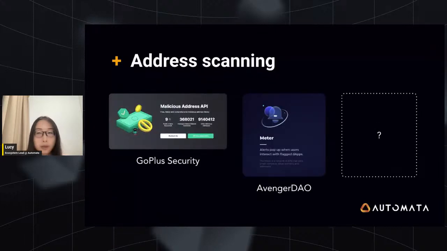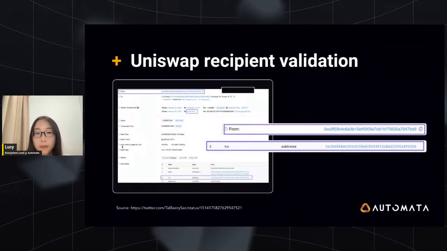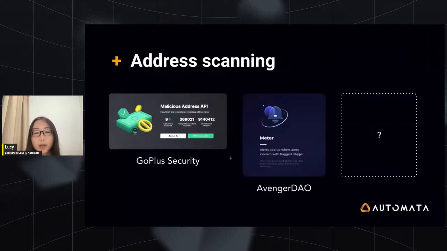The third rule is, actually, wait, sorry. Actually, we integrated a lot more rules. There's Avenger DAO, which Automata and Go Plus Security are also members of, and we integrated their databases, which are maintained by our security partners.